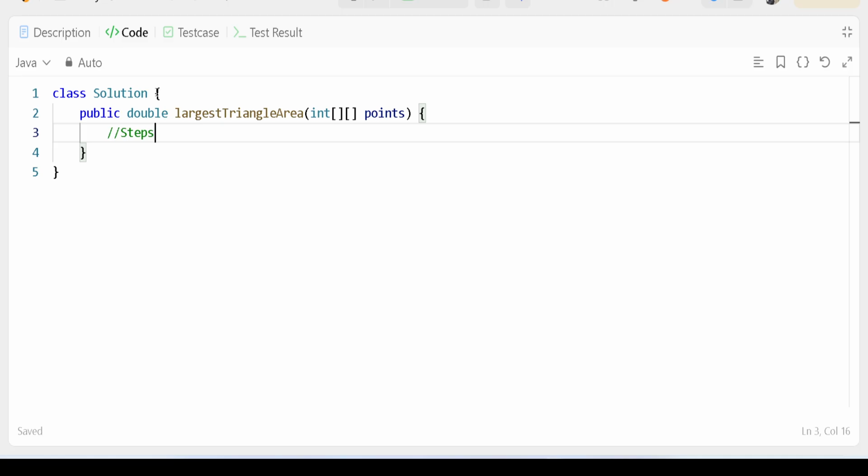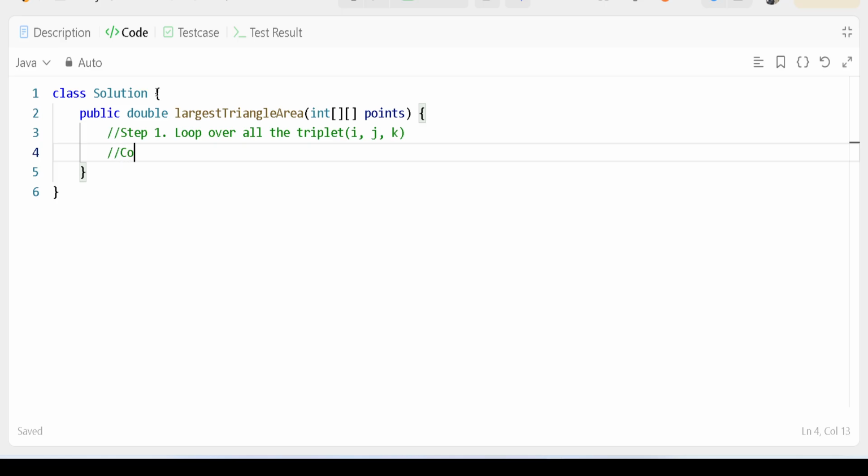Okay, very first, step 1, guys, is to loop over all the triplets. These triplets are nothing but I, j and k. So if we use a triplet I, j and k, we can calculate the area.